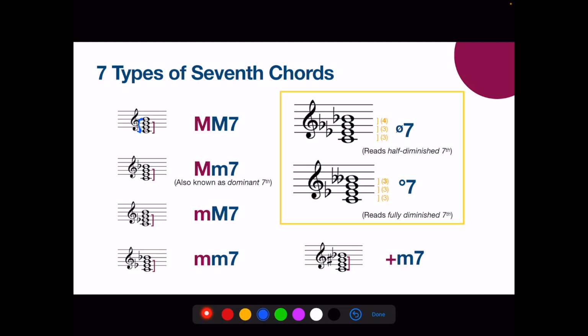So this very first one is what we were looking at, C major 7. And then the next one is C, E, G, B flat. It's a major and a minor 7. It's also called the dominant 7. And actually, the term dominant 7 might even be more well known than major minor 7.